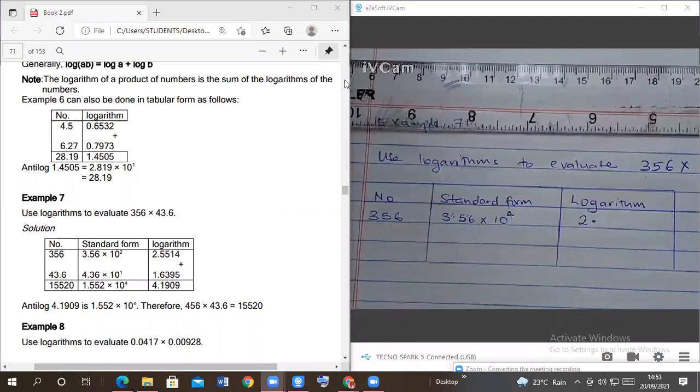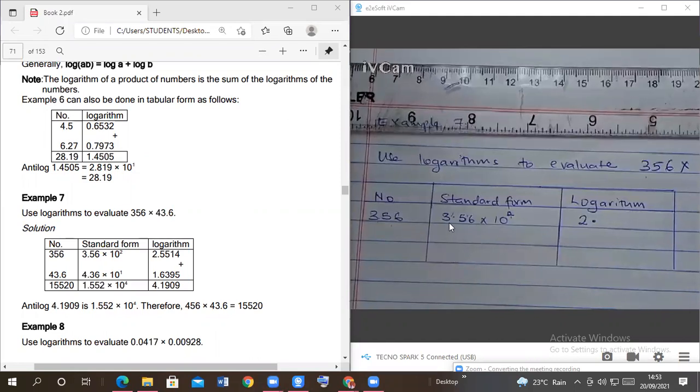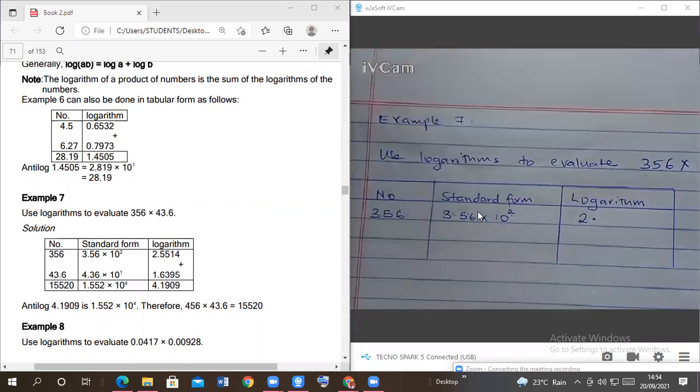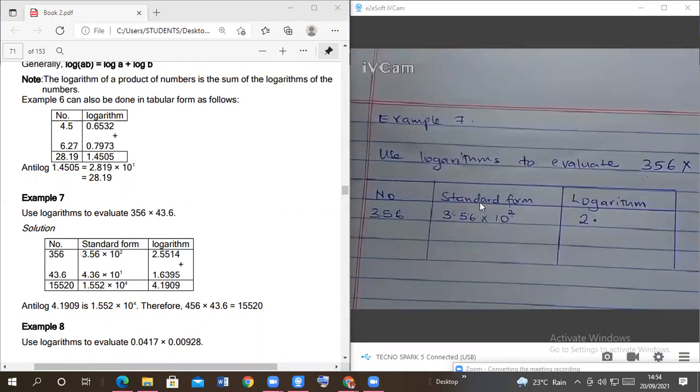Okay, members, welcome back. Now, we have to get the log of 3.56. And how do we get the log of 3.56? We get it from the log tables. So this is what we are going to do.